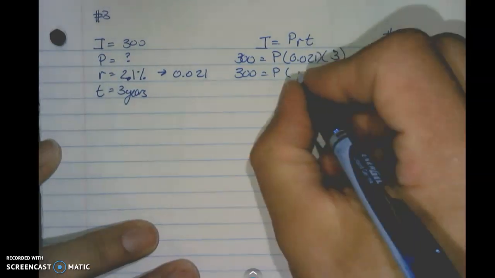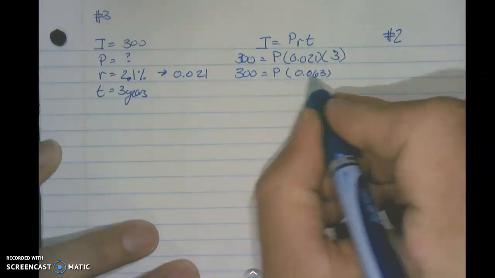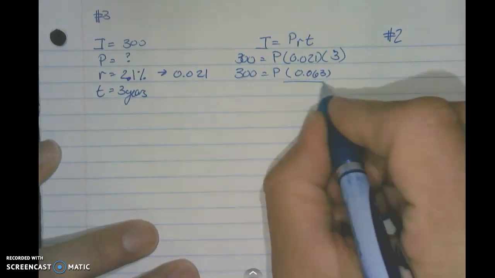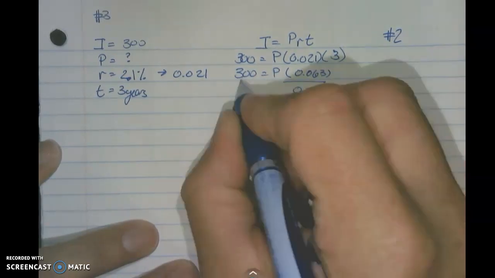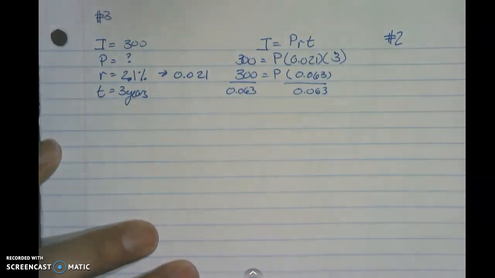And I get 0.063. How do I move this guy over to here? That's right. We're going to divide. So we're going to take 300, divide by 0.063.